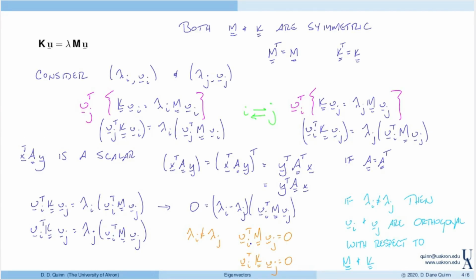We've seen this idea of orthogonality before, right? So let's generalize these two just a little bit. We have u transpose m times u and u transpose k times u. So let's write for a general matrix, u transpose x a times y.